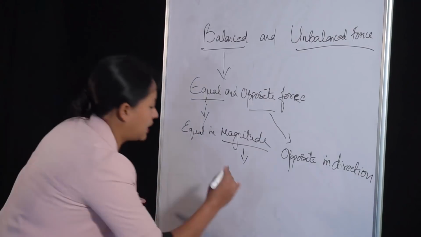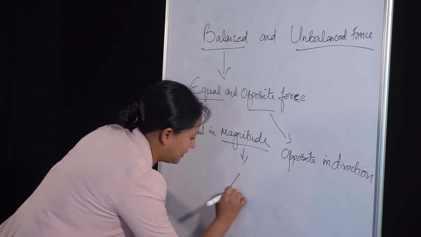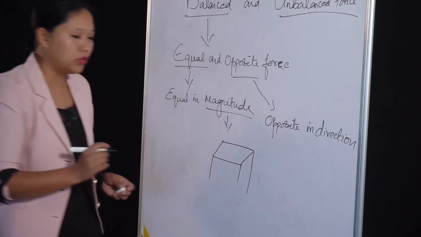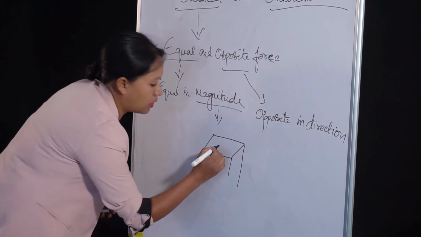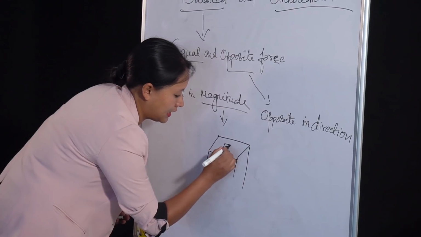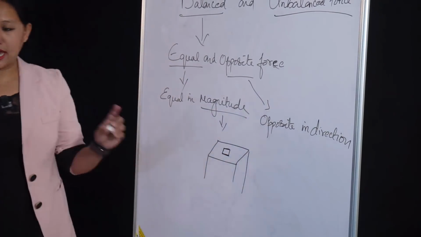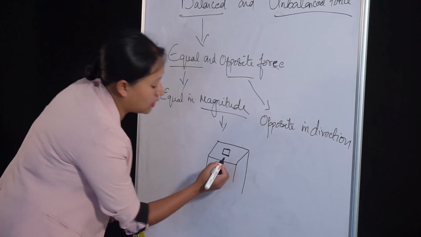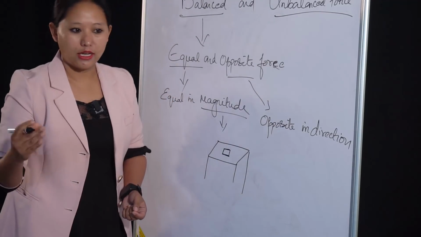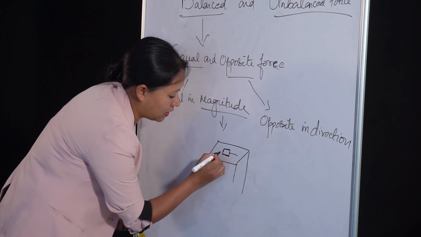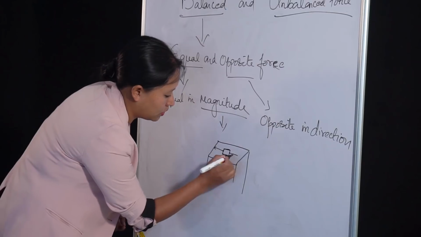For example, one table is here, and a wooden block is placed on this table. On both ends of this wooden block, a string or a thread is tied, on this side and in this direction also.